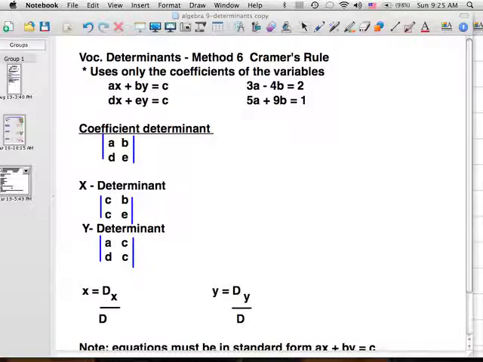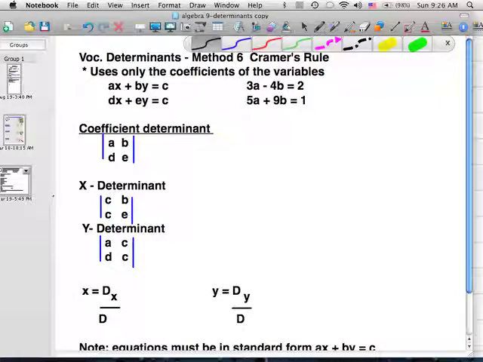Now this method has to be in standard form, the equations, so you have to get them this way before you use it, just like we have to do it that way in order to add or subtract or multiply. So we're going to use a matrix. A matrix is just rows and columns of numbers, and we're going to use a 2 by 2 matrix, 2 rows, 2 columns, indicated by the bars.